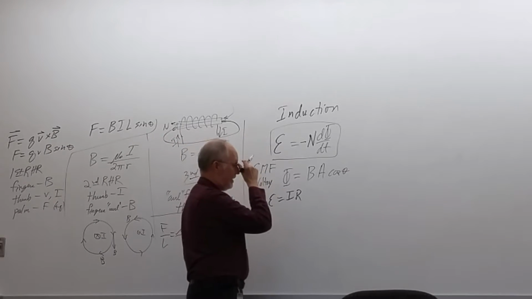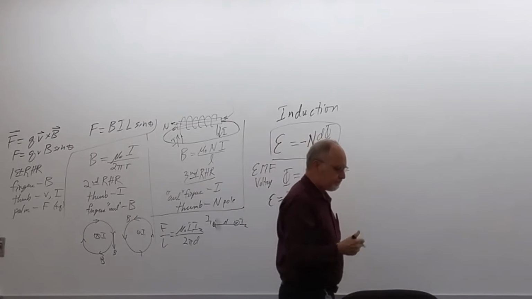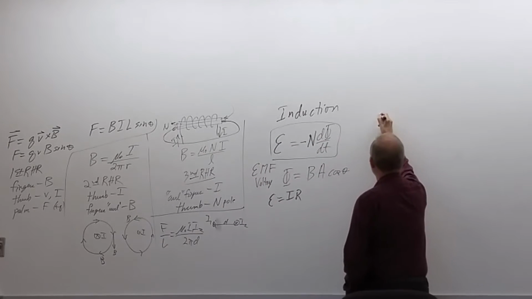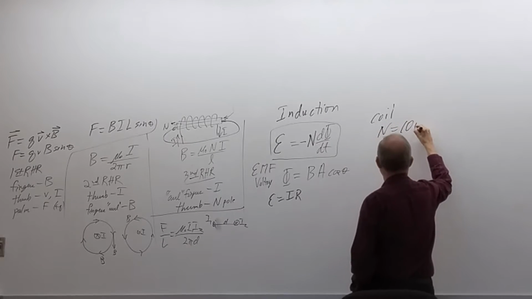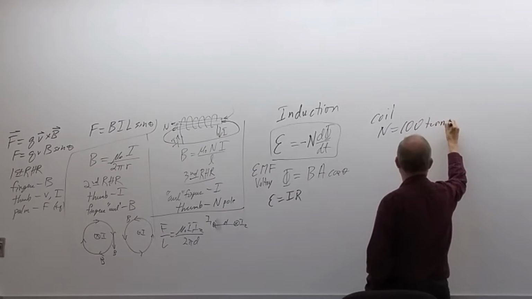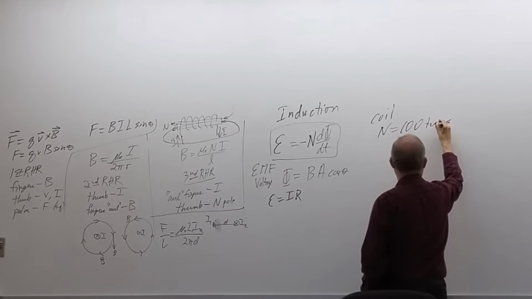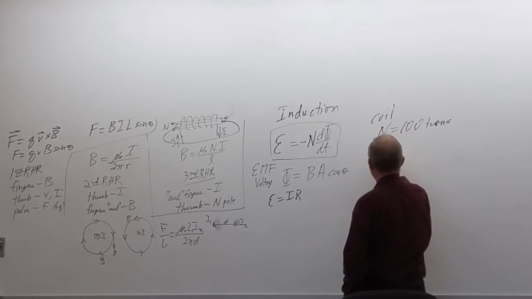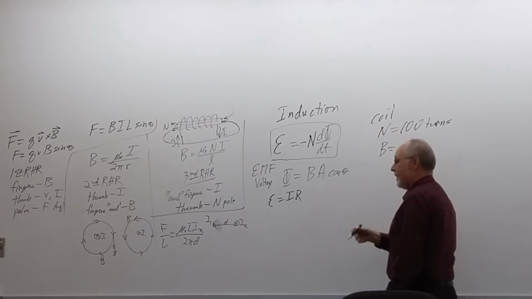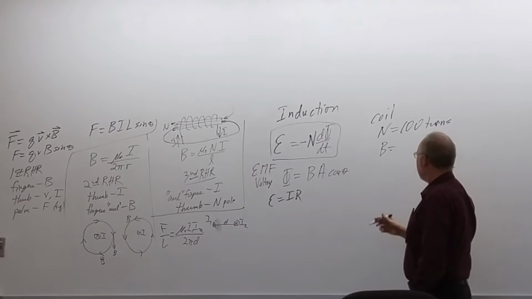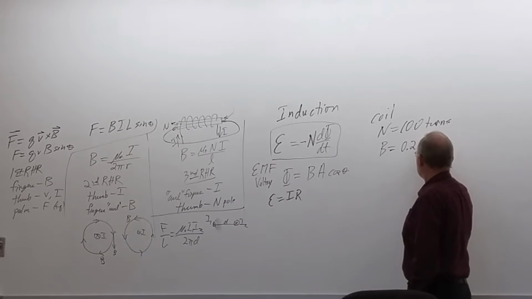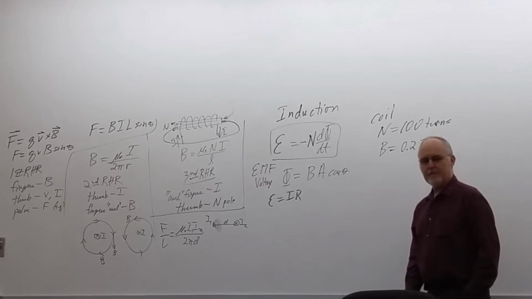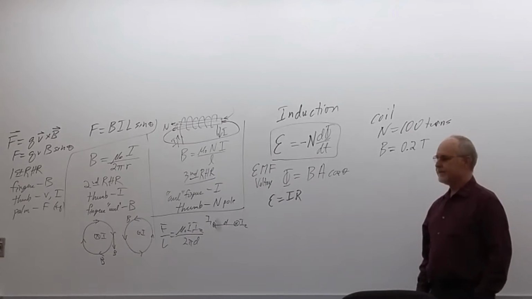So we've got this. If we had a coil, and let's say it's got 100 turns, and we have a bar magnet. And let's say the strength of the bar magnet is 0.2 Tesla. That would be right at the pole.